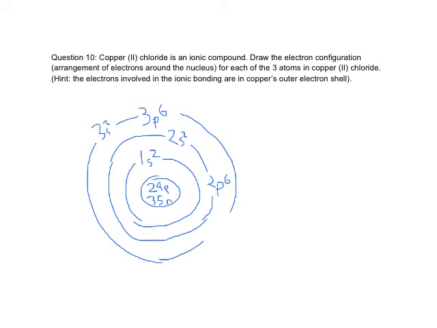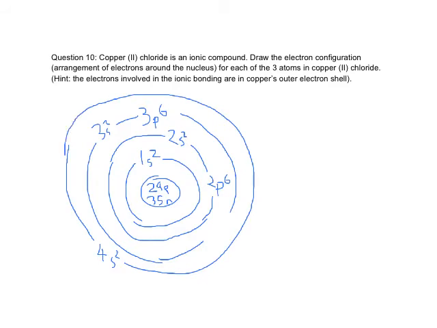And then in my fourth shell, I'm going to only have 2 s's, because I haven't filled up any p's yet, because the moment I go beyond calcium, I go back again. So the fourth shell has just got 4s2 in. All up I need to have 29 of them.